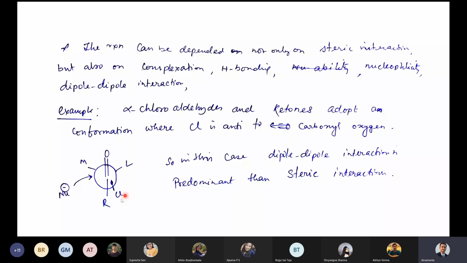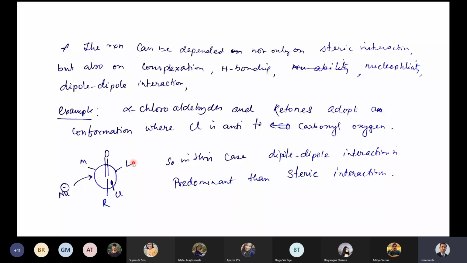Let's say this is the smallest group. So the large group should be here. This Cl should be somewhere here. But it appears that oxygen has 2 lone pairs, chlorine has 3 lone pairs available here. So these lone pairs have a very strong dipole-dipole repulsion. And because of that, this chlorine always assumes an anti-orientation to that of oxygen. So this is basically an exception of this rule in this case.